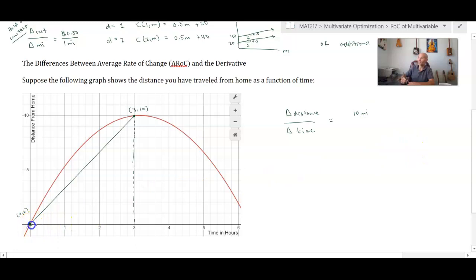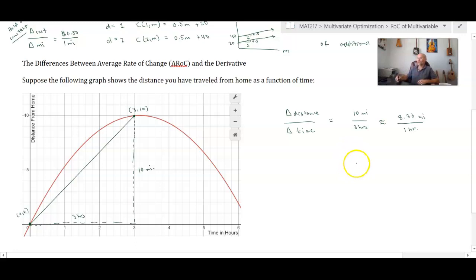And the change in time was 3 hours. So 10 miles, 3 hours, and so I get roughly 3.33 miles per 1 hour. So if I do that division, that amounts to 10/3 miles per hour, 3.33 miles per hour.